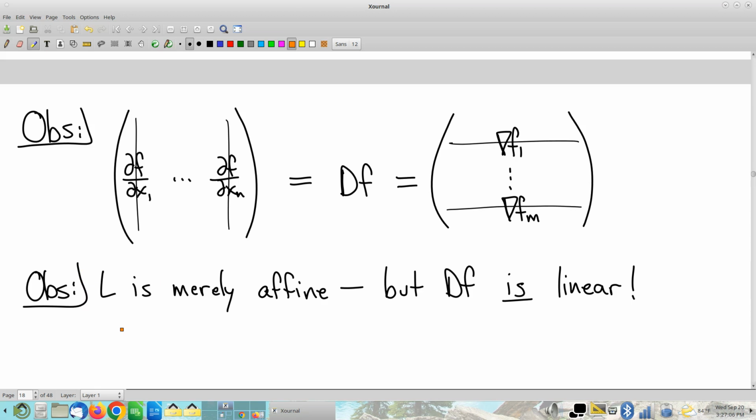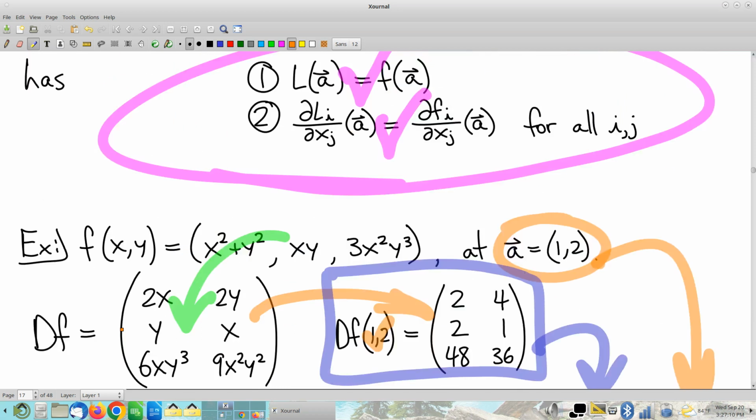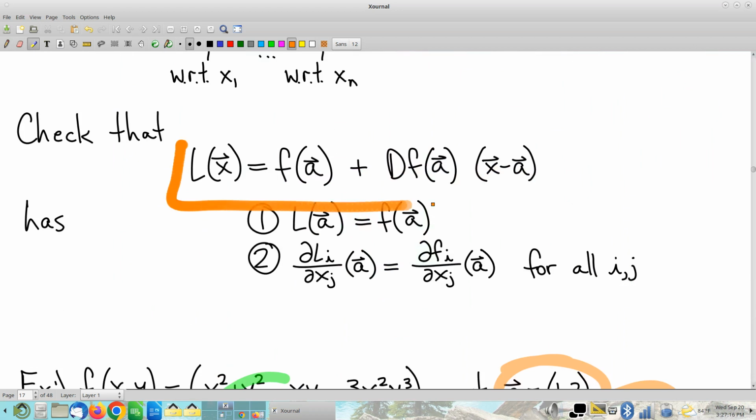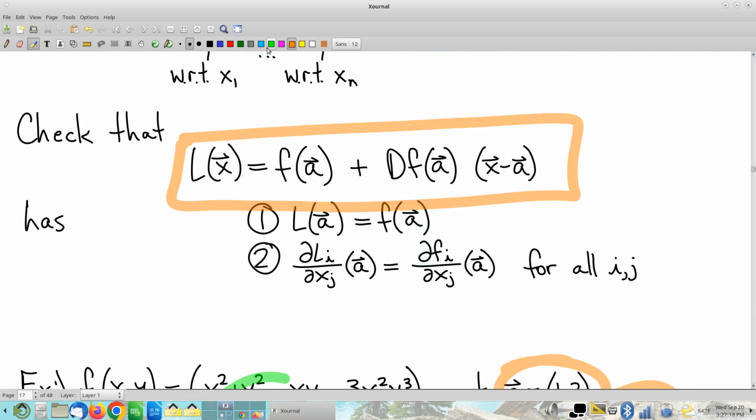So why do they call it linear if it's not linear? The answer is that the linear approximation, which I'm looking at here, other than this big constant right here, it's just a constant. It's not really doing much, right? Other than that, this part here is linear.